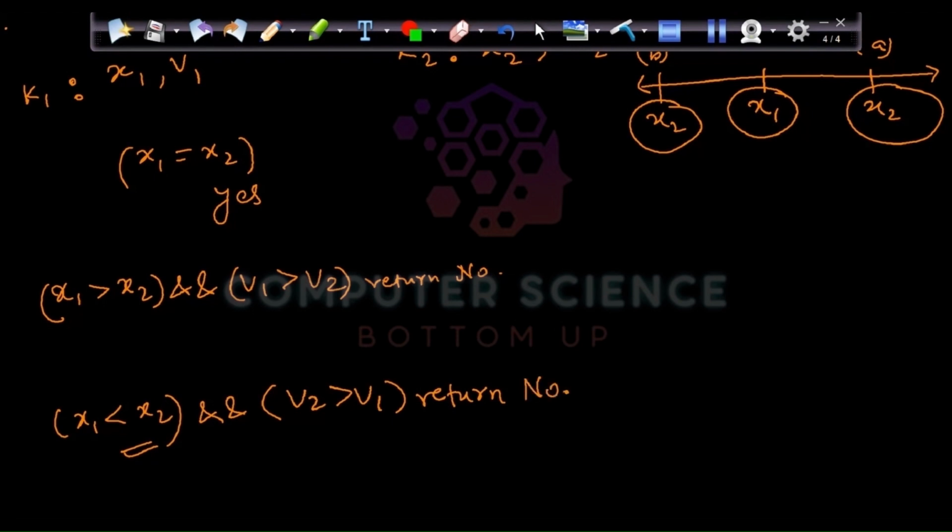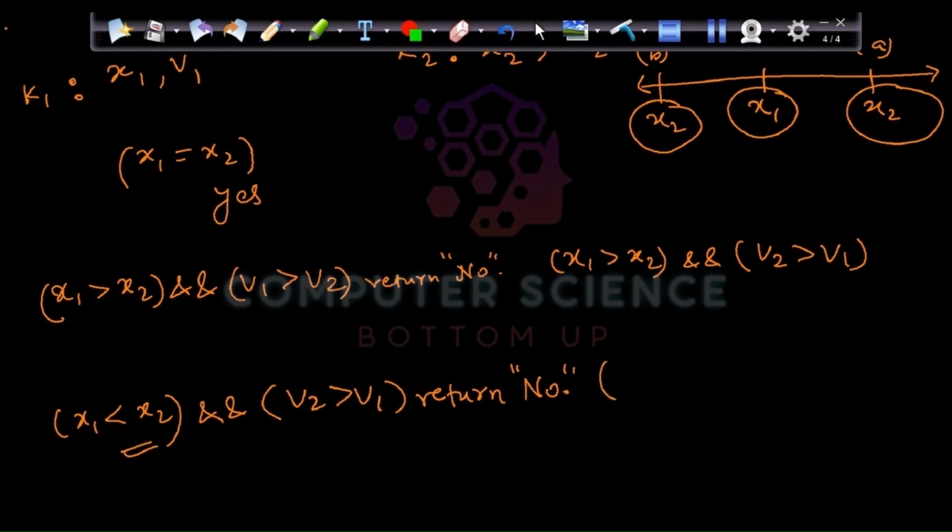So if x1 is greater than x2, meaning Kangaroo 1 is ahead of Kangaroo 2 at the beginning, but Kangaroo 2 is faster, then there is a chance that they may meet.